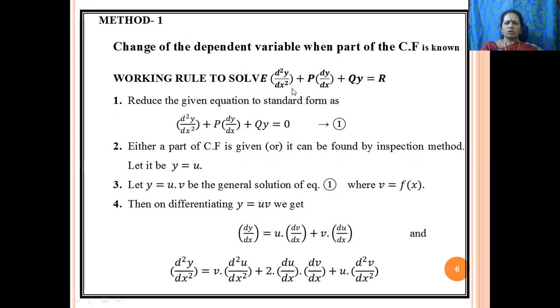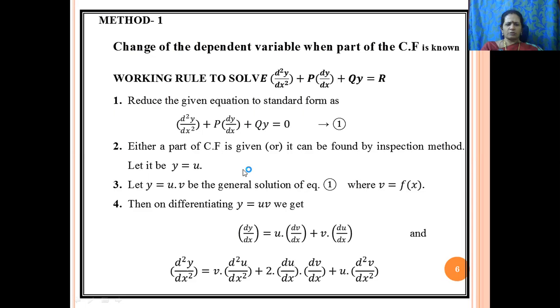Working rule to solve d square y by dx square plus p into dy by dx plus qy is equal to r. Suppose the differential equation is given in this form. First, we have to reduce the given equation to the standard form like this, and either the part of the complementary function is given or it can be found by the inspection method.